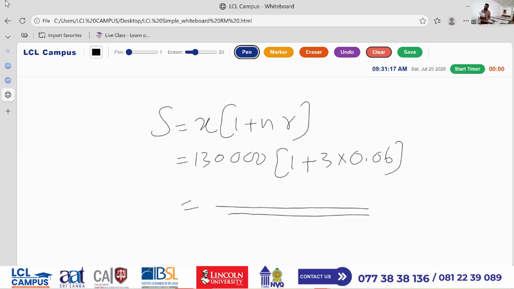100... 120,000... 130... no, it can't be. Then let's see whether we went wrong somewhere. Here 3 into 0.06 gives 0.18, so 1.18 into 130,000.